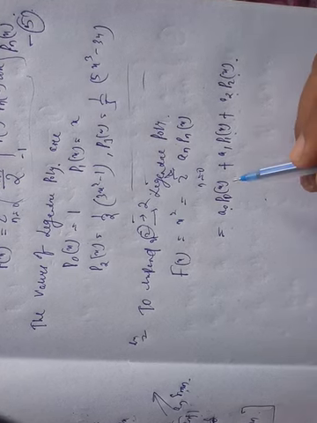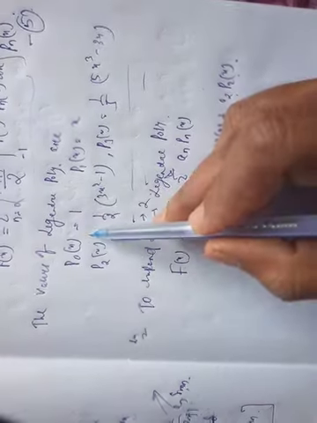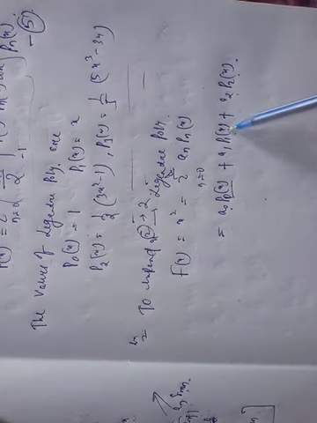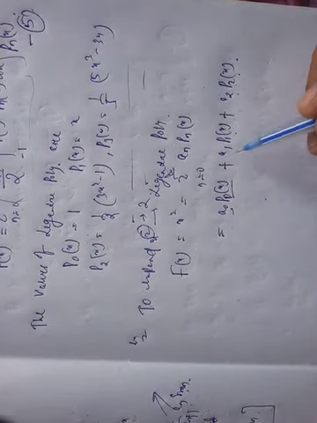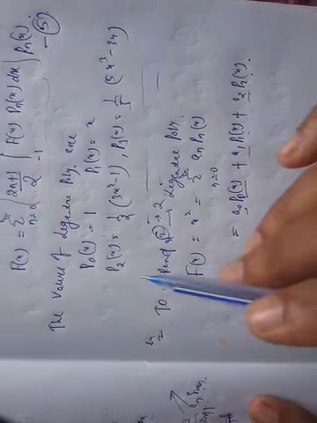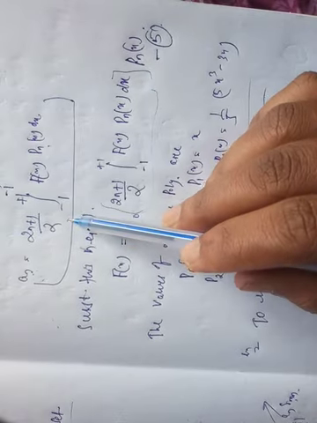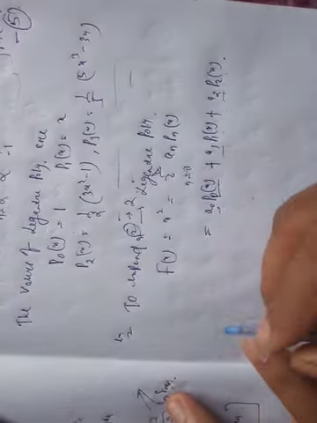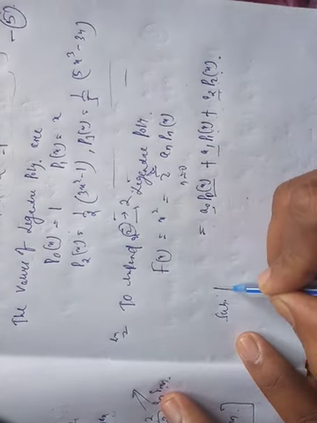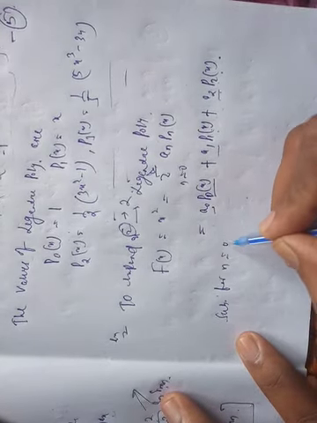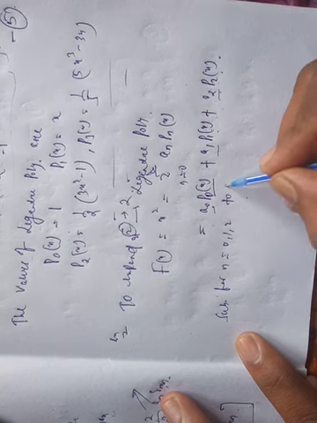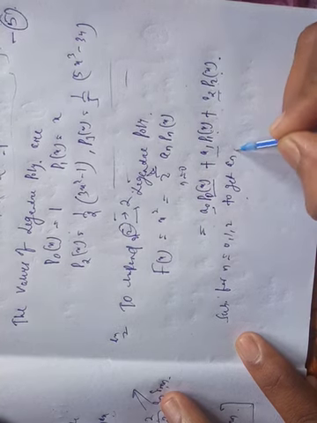Now we already know the values of P0(x), P1(x) and P2(x). We have to find out a0, a1, a2. How? We have to apply this formula. Substituting for n equals 0, 1, 2, we get the respective a n values.